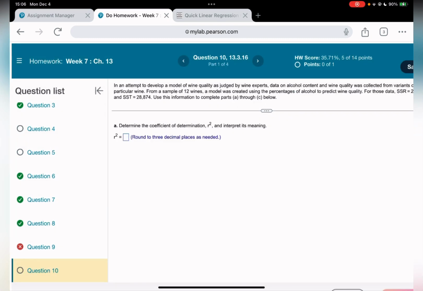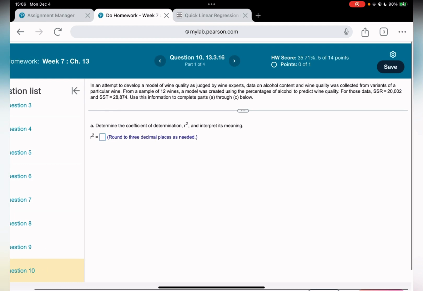Number 10. Well, we need to find a coefficient of determination. Let's see how we're going to solve this problem.